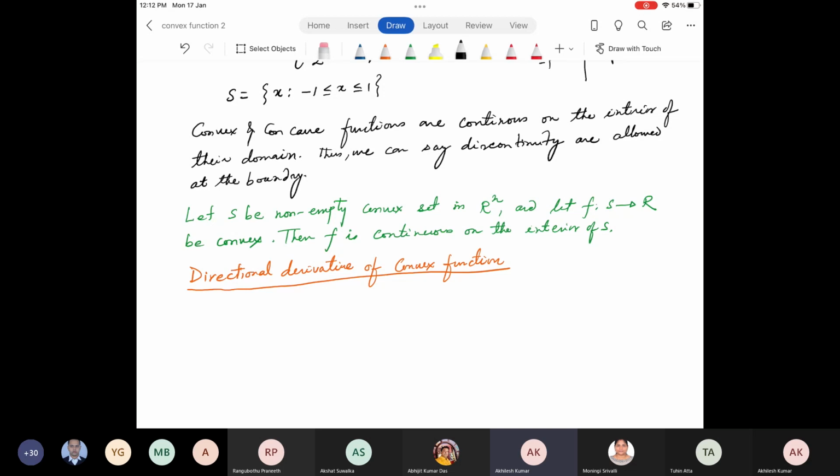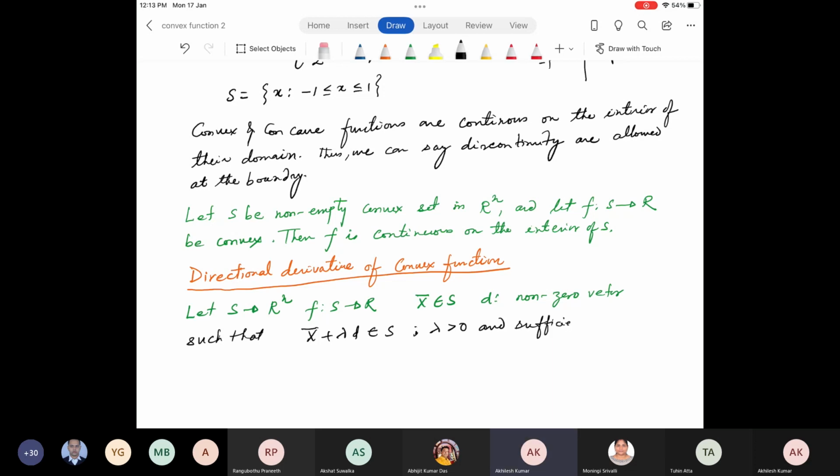As far as the directional derivative is concerned, we define: let S belong to Rn, f from S to R. There is a point x bar which belongs to set S, and d is a non-zero vector such that x bar plus lambda d belongs to S for lambda greater than 0 and sufficiently small.